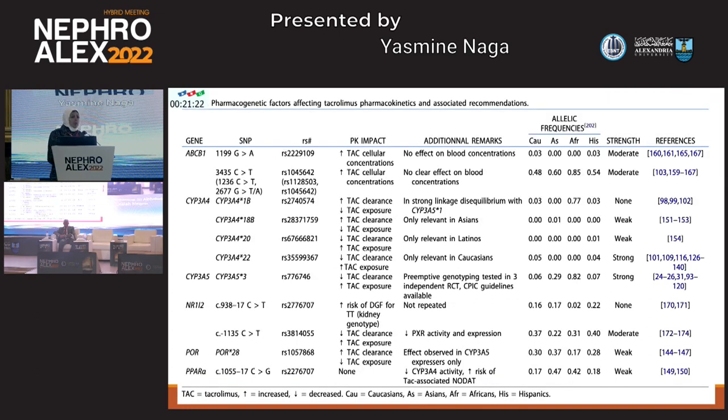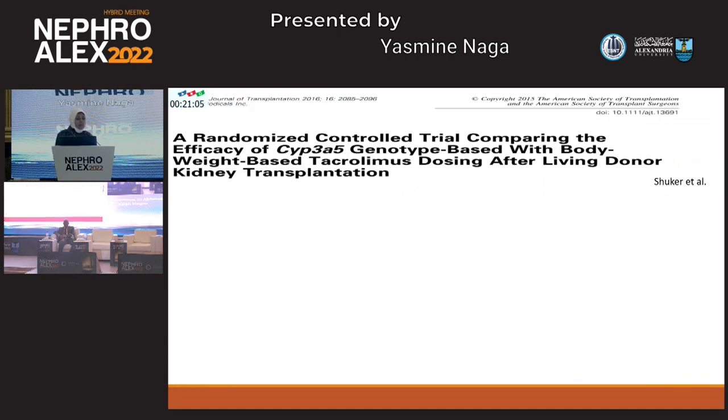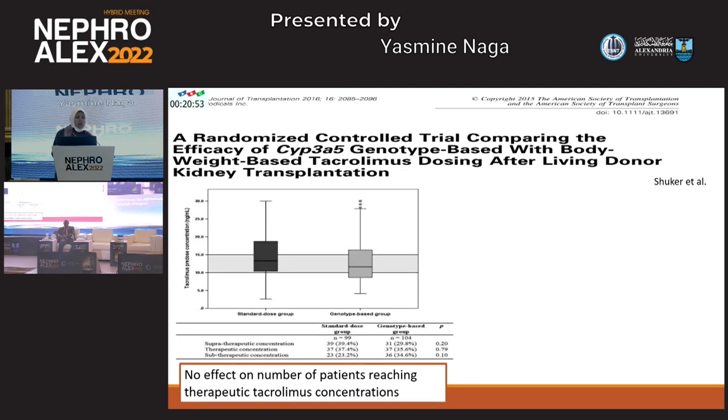There's also pharmacogenetics, which has multiple roles in determining the tacrolimus level. Multiple genes are associated with absorption, with efflux of tacrolimus and its distribution in the tissues, and there have been multiple studies. Even there were studies which determined the mutations that cause rapid metabolism of drugs, and there were trials that tried to use pharmacogenetics to prescribe the appropriate dose.